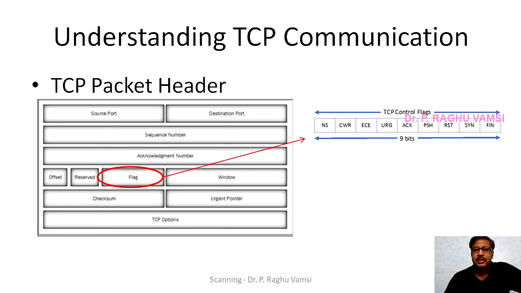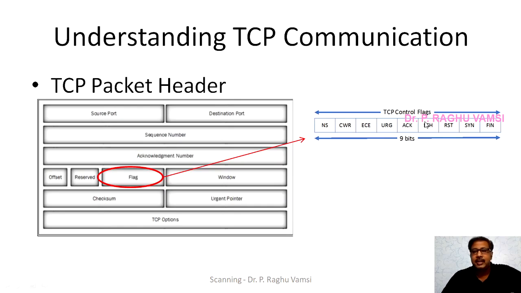This flag field will be like this, which is a 9-bit field, in which 9 different flags are available. If the NS flag is to be set, then we need to set it as 1 and all the remaining bits should be set to 0. For example, if it is an acknowledgement packet and we need to set the acknowledgement flag, the first 4 bits are 0, the acknowledgement bit should be 1 and the remaining 4 bits are 0.